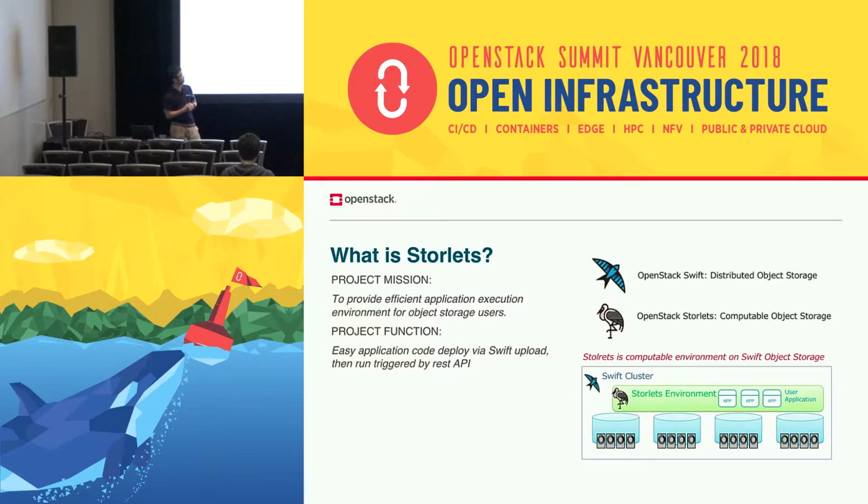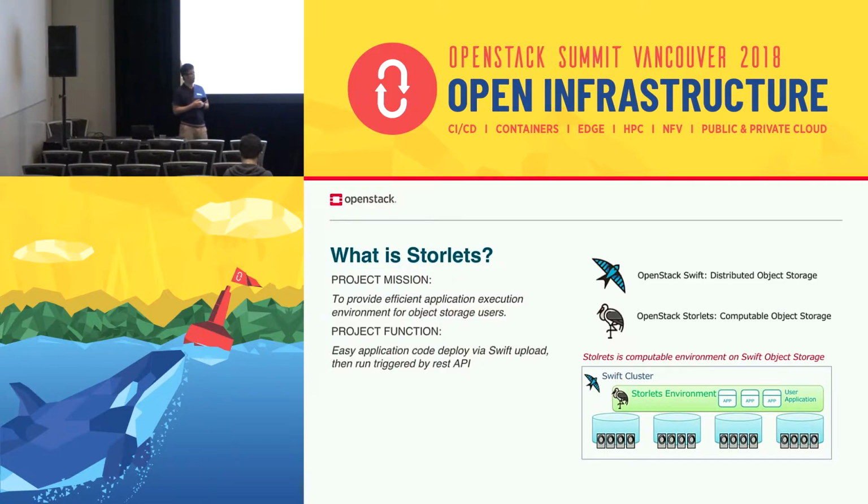The functionality is that Storlets make it easier to deploy user-defined application code into the object storage cluster, and it can be run at the timing of a trigger by a Swift API call, like GET, PUT, and so on. So that is the Storlets product.